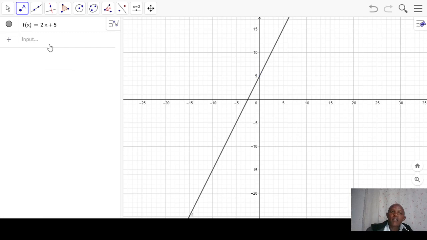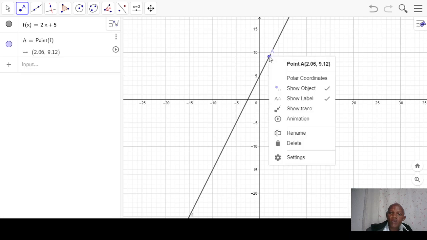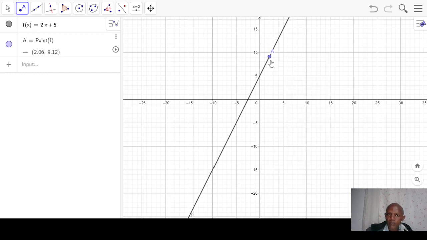So you can see here this equation is 2x plus 5. If you have got 2x plus 5, then the y-intercept, the constant c, is 5, and the gradient is change in y over change in x.